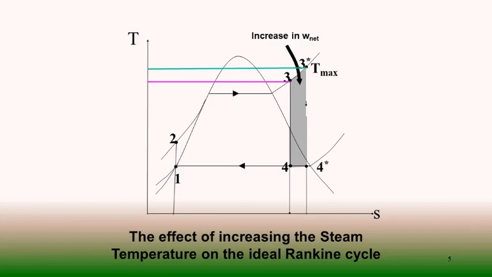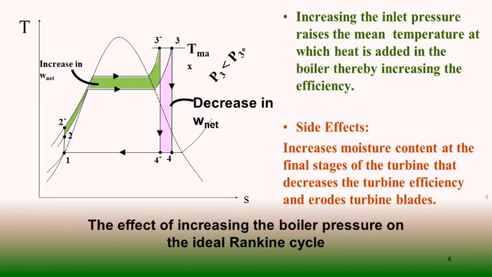So far, the maximum superheat steam temperature is limited to 700 degrees centigrade, beyond which we cannot go. Increasing the inlet pressure of water during boiling raises the mean temperature at which heat is added in the boiler, and that's why there is an increase in efficiency.